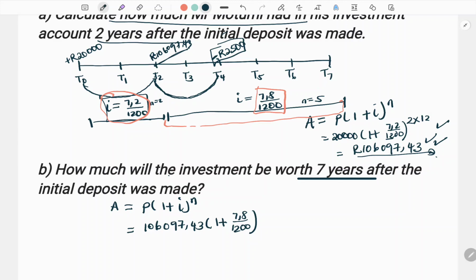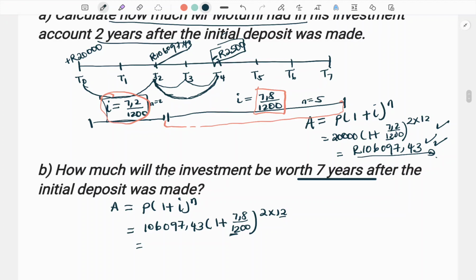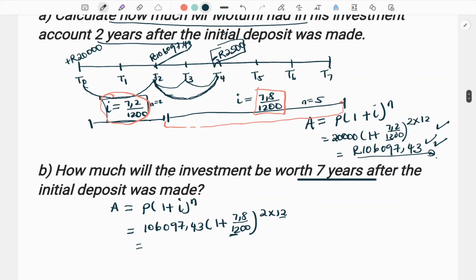Now it's again 2 years, 2 multiplied by 12, remember. Then you punch in a calculator: 1 plus 7.8 over 100, exponent of 24, or exponent of 2 times 12. I made a mistake, sorry.